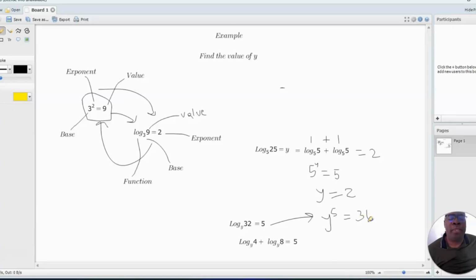You can answer the question, what number raised to the power of 5 will give us 32? And that answer is simple. Y therefore is simply equal to 2.